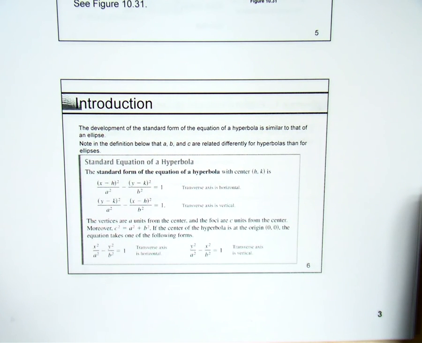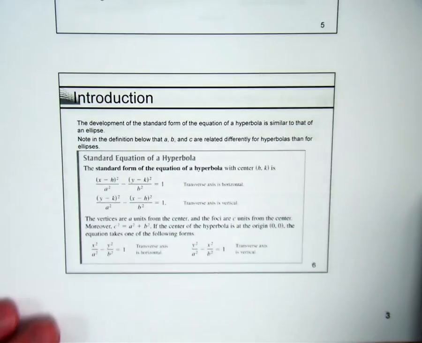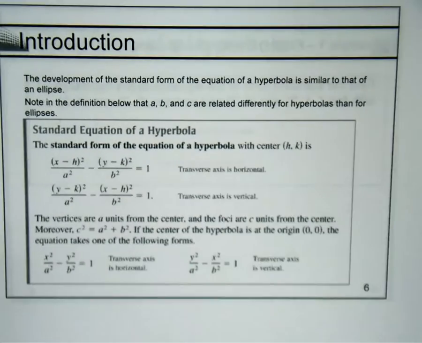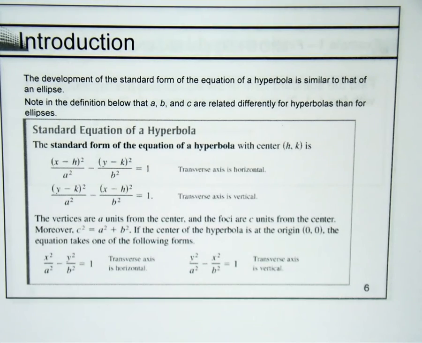Okay, very similar to the standard form for an ellipse. The only difference is that we've got a minus in the middle. And for those of you scrambling to write that down, guess where you can find that, where it doesn't move, in your textbook.